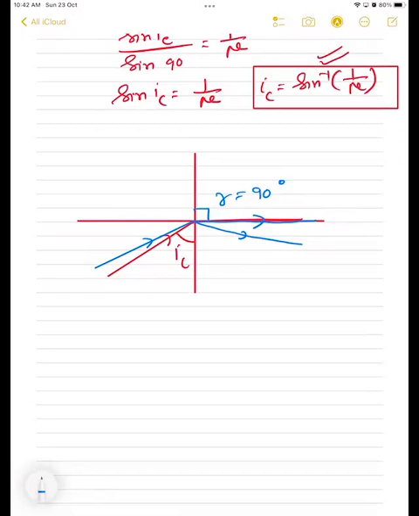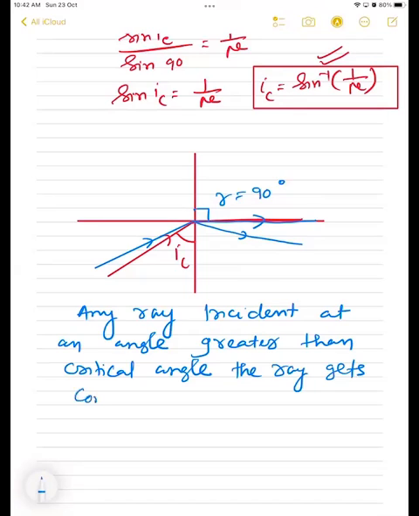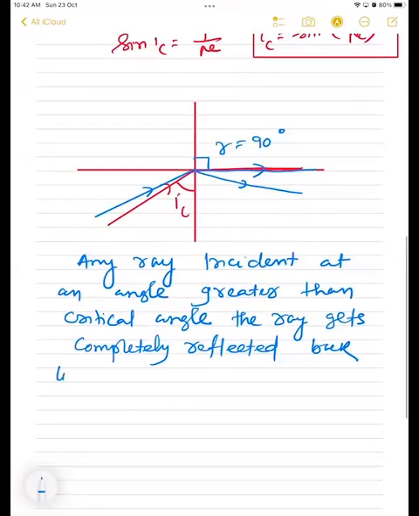So you can write: any ray incident at an angle greater than the critical angle gets completely reflected back to the denser medium, right?